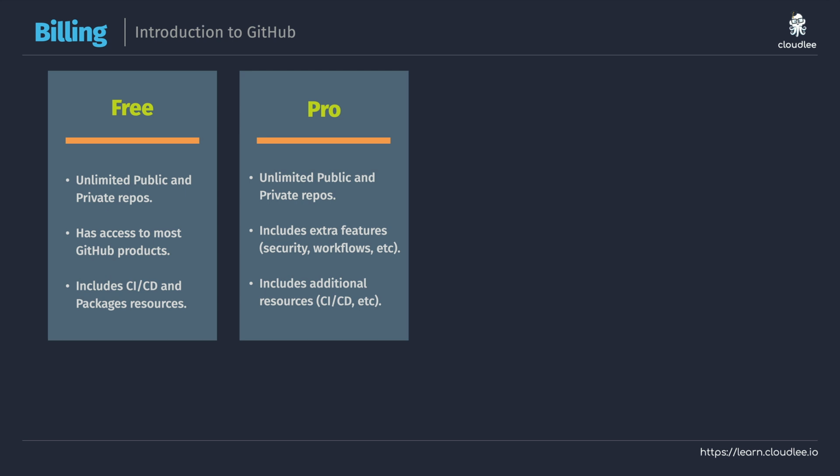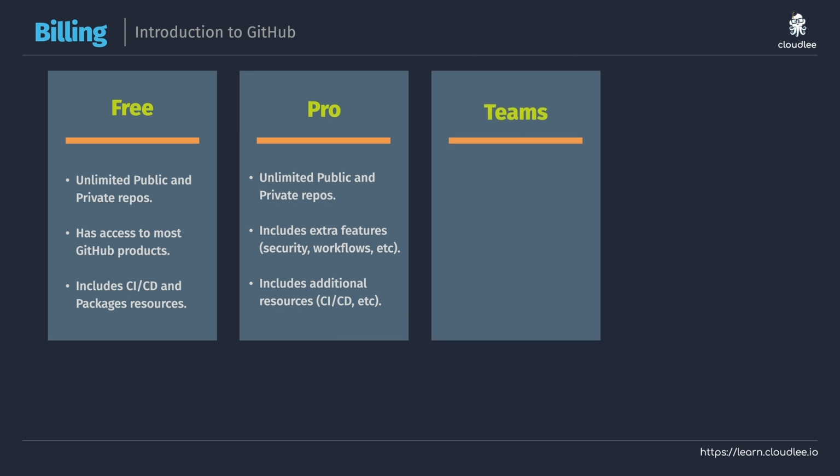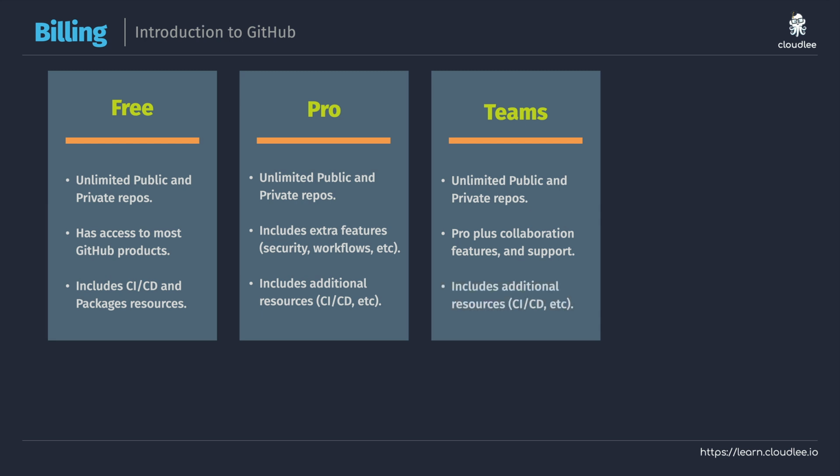Now, there are actually two other plans that are available, and that's Teams, where you will continue to get those unlimited repos, but you'll get greater capabilities in addition to what you get from the Pro plan. But really for Teams, it's focused around organizations, collaborative features, additional access to support from GitHub themselves, and you will also, of course, get additional resourcing around CI/CD, packaging, storage, compute capacity, and other features that I haven't listed here.